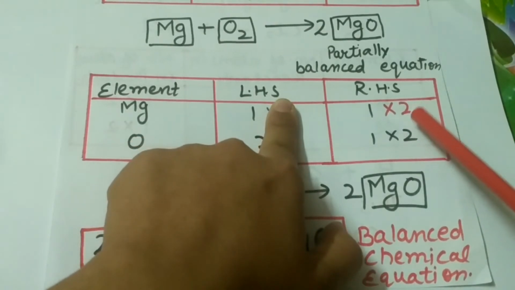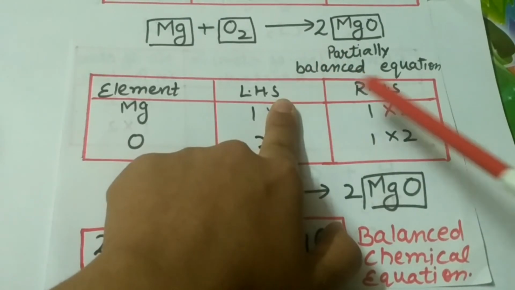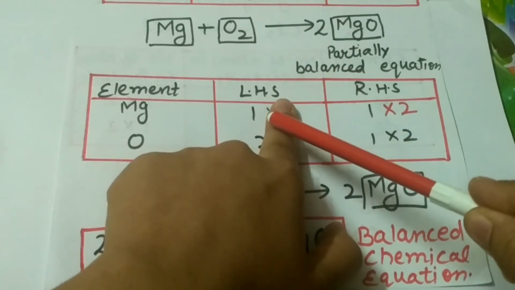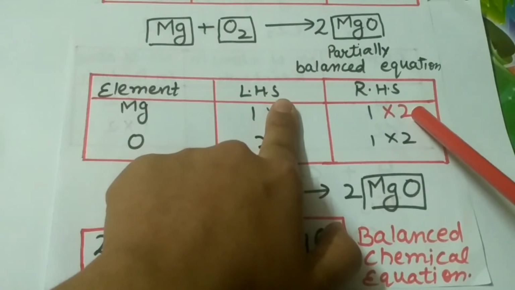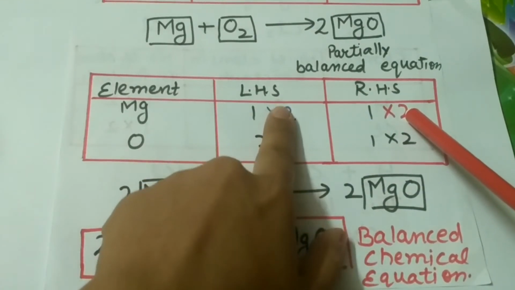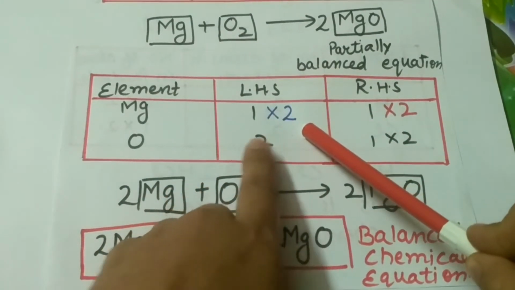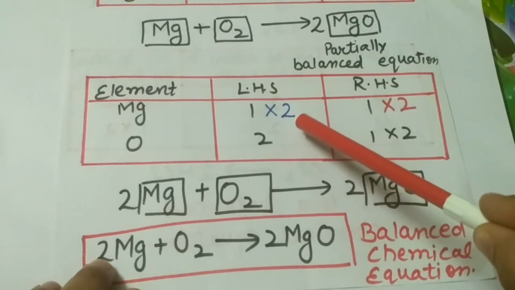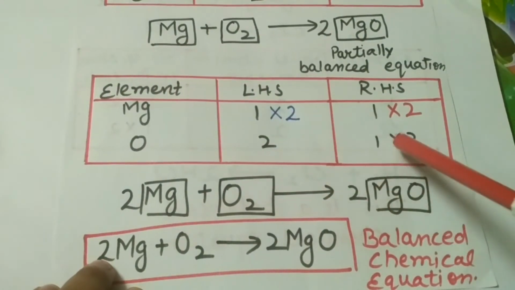If I multiply this side with 2, then magnesium becomes unbalanced, because here magnesium contains 1 atom and this side contains 2 atoms. In order to solve this, I have again multiplied the left hand side with 2. So now magnesium contains 2 and 2 on both sides, oxygen also 2 and 2.